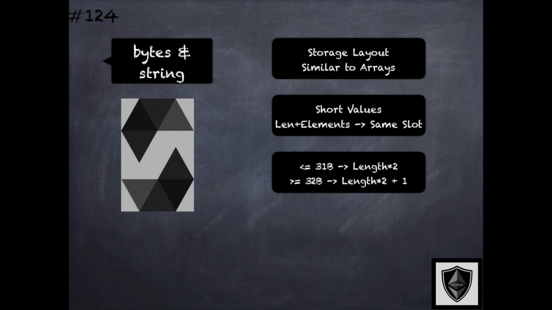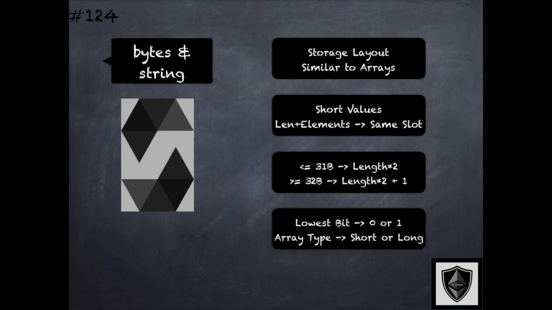And if the length of the data is more than 31, so if it is 32 bytes or more, then the lowest order byte stores the value length times 2 plus 1, and the data elements themselves don't fit within this storage slot that stores the length. So they are stored separately, like we said, using the Keccak 256 hash of this slot's position.